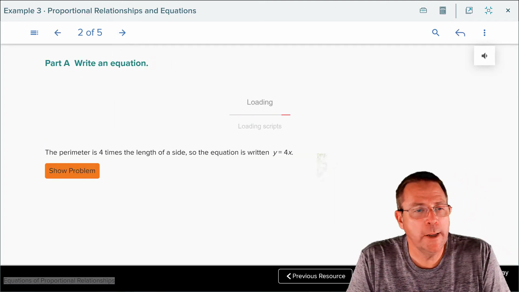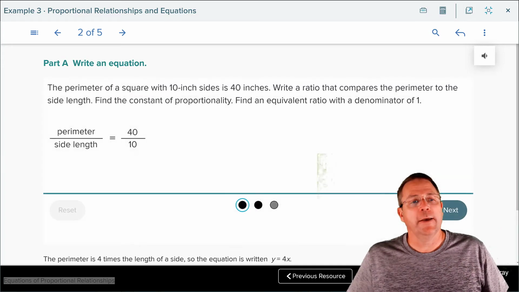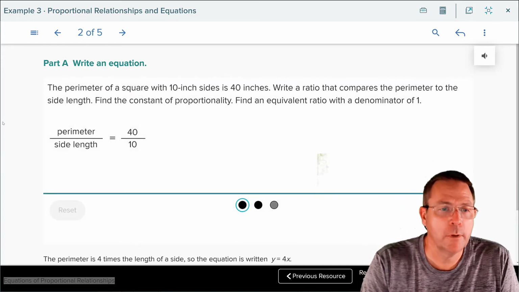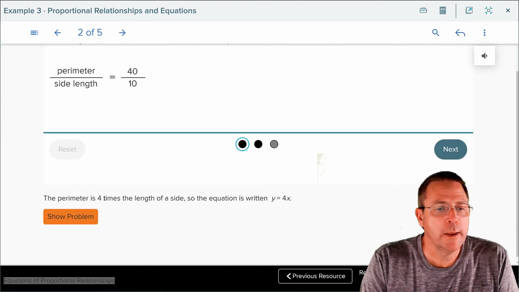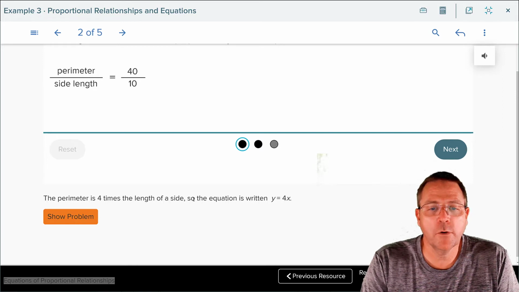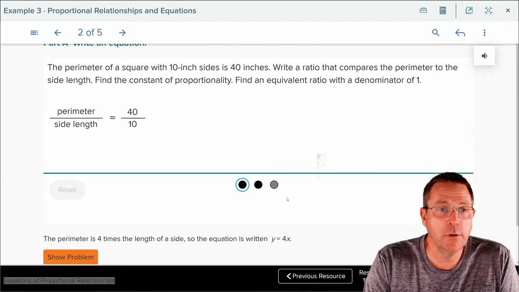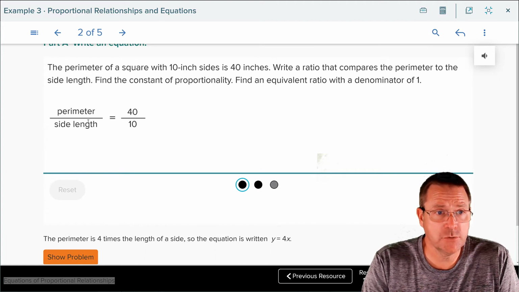So, for part A, we're going to start off by writing the equation. We're going to recognize the fact that the perimeter is 4 times the length of the side of the square. So the equation y equals 4x is what we're going to use. Now, they've given us this strange little proportion setup.